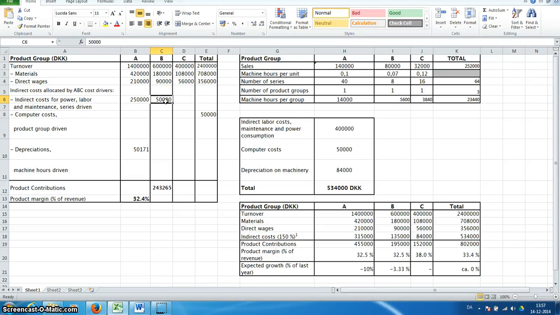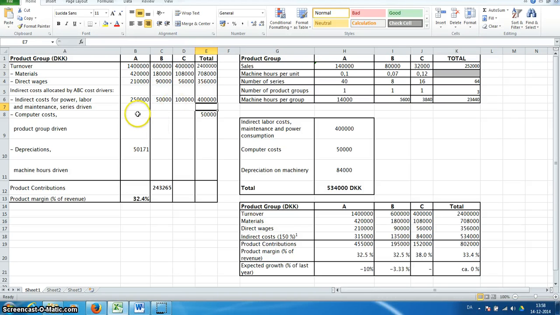We can make the calculation for B as well if we want to, just to make sure that we are on the right track with this calculation. It's 8 divided by 64 times 400,000, 50,000, and then we do the same. 60 divided by 64 times 400,000, and we can calculate the total out here, and hopefully the result is 400,000.